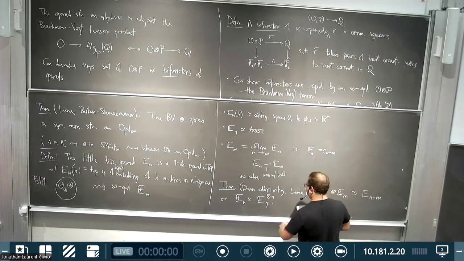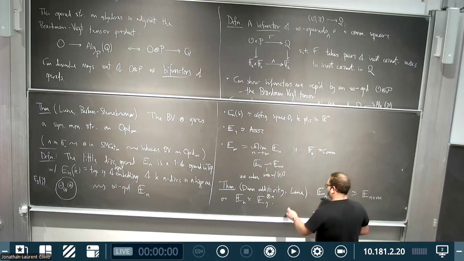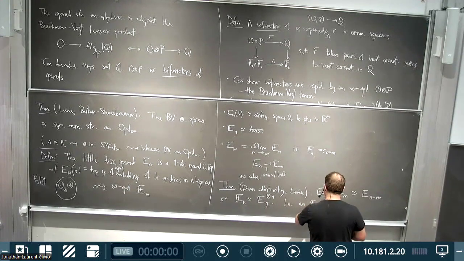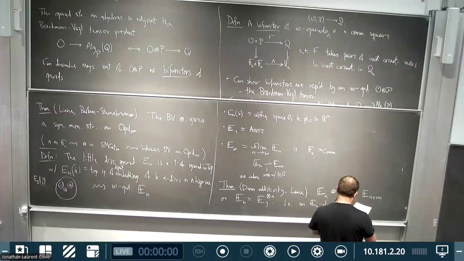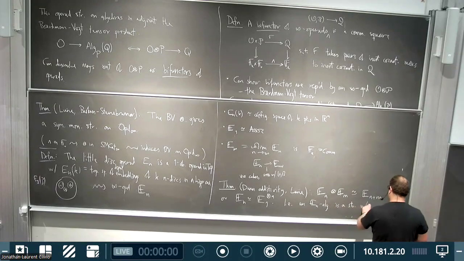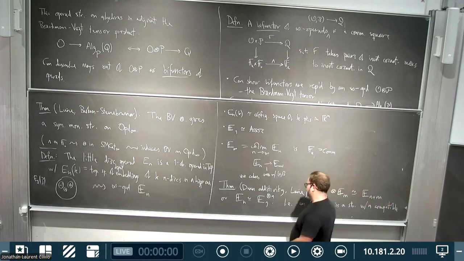So in other words, if we think about this adjunction between Boardman-Vogt tensor product and algebras, we can think of an E_n algebra structure as one where we have n compatible associative multiplications.